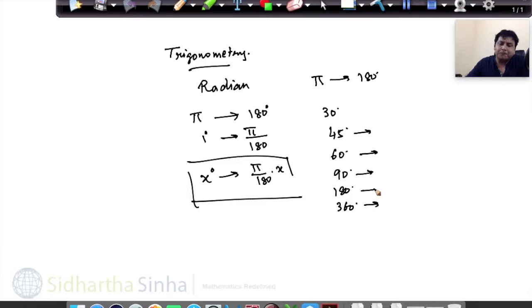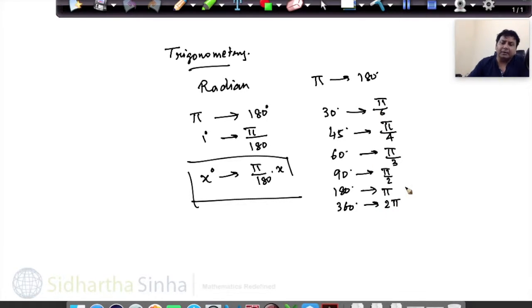If I convert them into radians, I have to multiply by pi by 180. 45 and 180 cancel to give you pi by 4. So basically you can convert with this formula, but I'm going to write down: 45 is pi by 4, 30 is pi by 6, because 180 by 6, 60 is pi by 3, 90 is pi by 2, 180 is pi, you know already, and 360 is 2 pi.